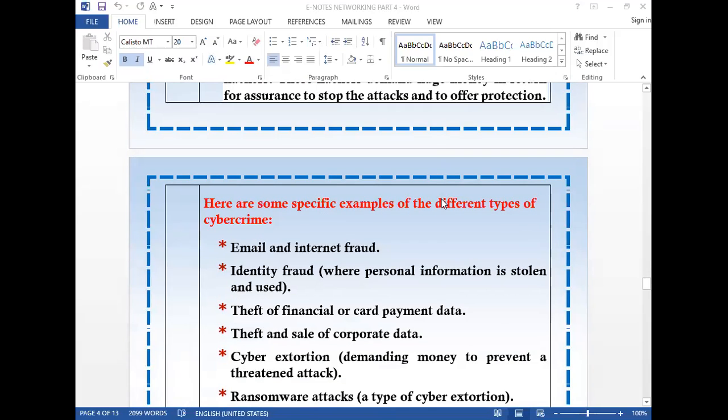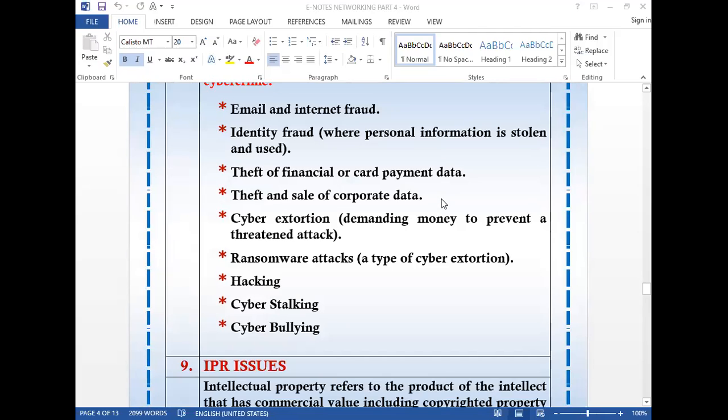So these are some of the examples of different types of cyber crimes. Let us read them quickly. Email and internet fraud, the online fraud, identity fraud. Beta, identity fraud means when your personal information is stolen: your credit card information, your debit card information, maybe your Aadhaar card information.